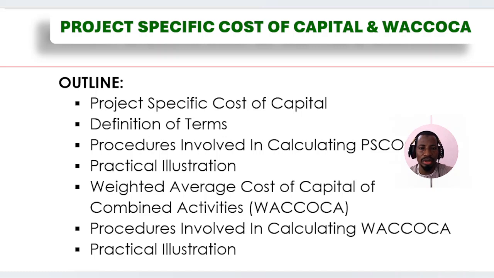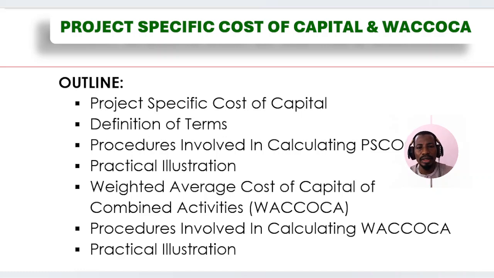We went on to discuss the concept of weighted average cost of capital, where I mentioned that there are three categories of cost of capital. Number one is traditional weighted average cost of capital. Two, project-specific cost of capital. Then three, the weighted average cost of capital of the combined activities.